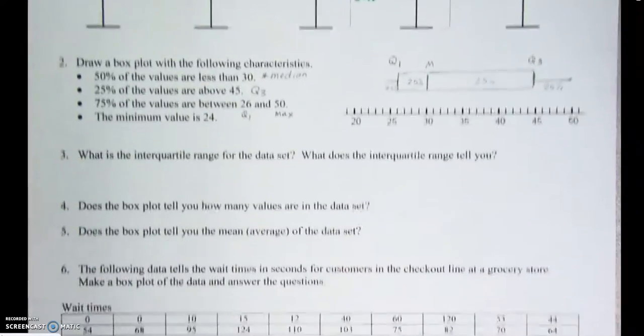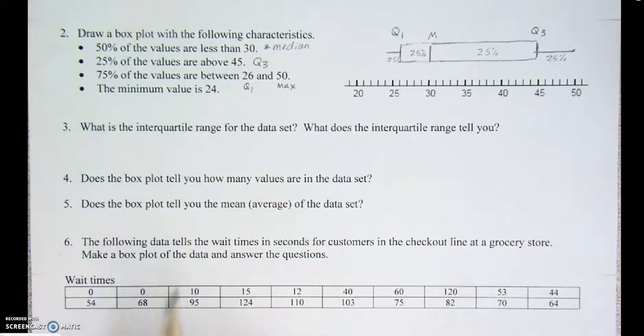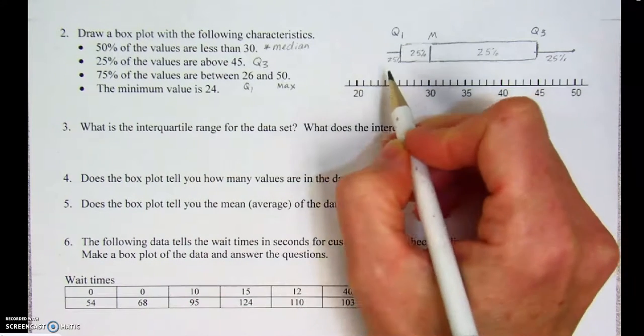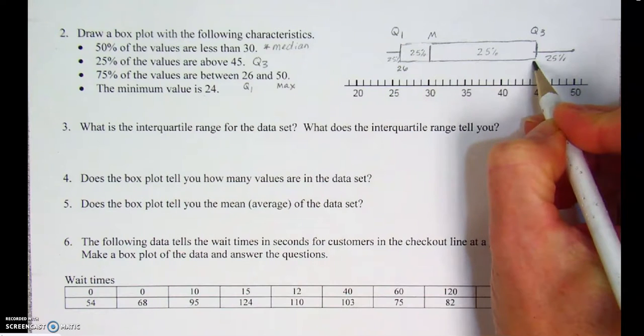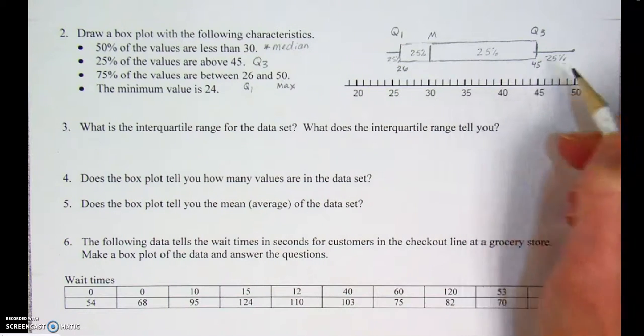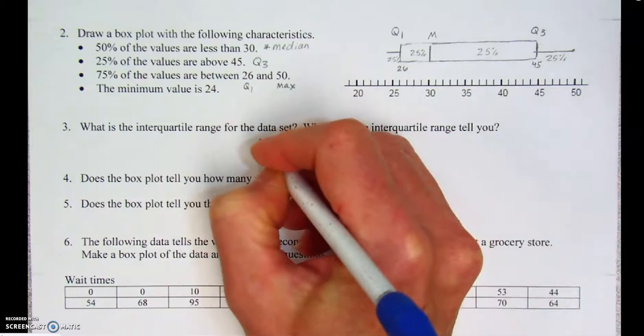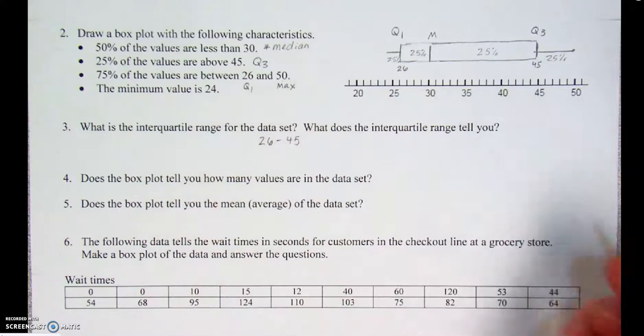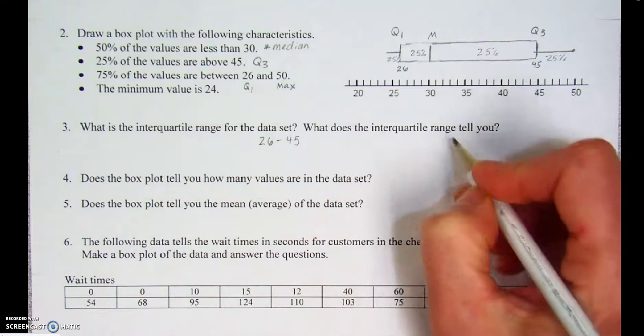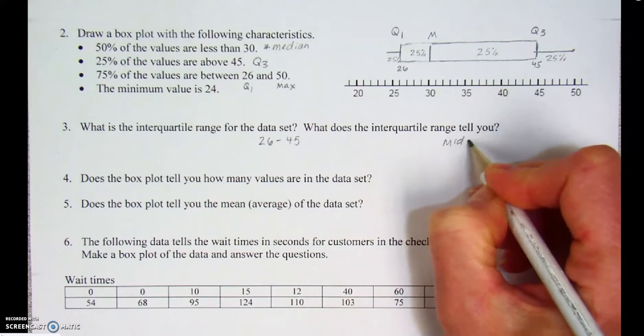But most of the time they're horizontal. So for the above data set, what is the interquartile range? Well, 26 was our first quartile, and they told us that 45 was our third quartile. So the interquartile range is from 26 to 45. And the interquartile range tells you the middle 50%.